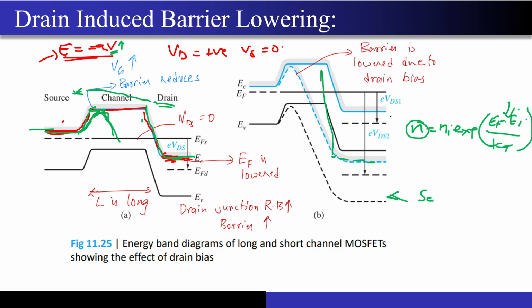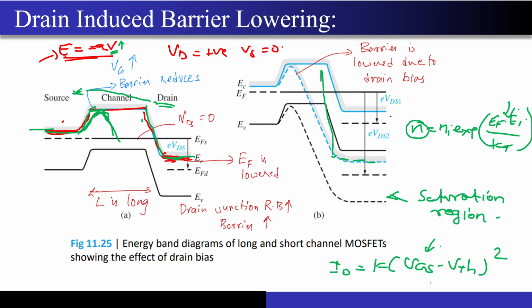This effect is happening in the saturation region of the MOSFET, correct? Where I_D should be what? I_D should be K times (V_GS minus V_TH) the whole square. So now just look at these two hints that I have given. One is the saturation region, one is the equation of this current. And now just tell me whether this drain induced barrier lowering, where intuitively we can see that the current is actually increasing, is a good effect or a bad effect?